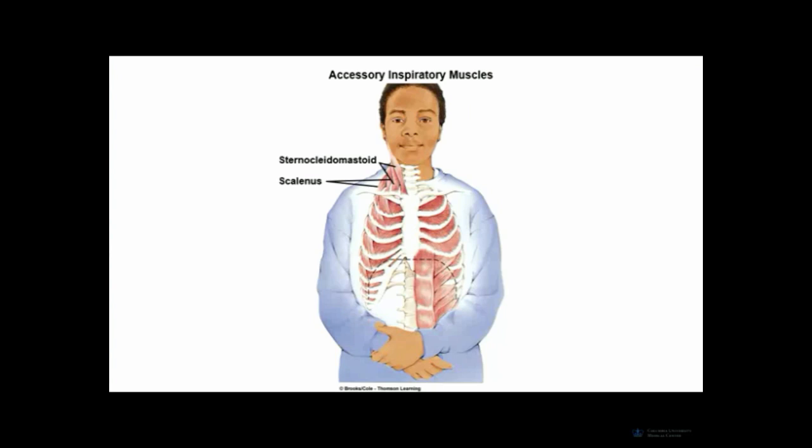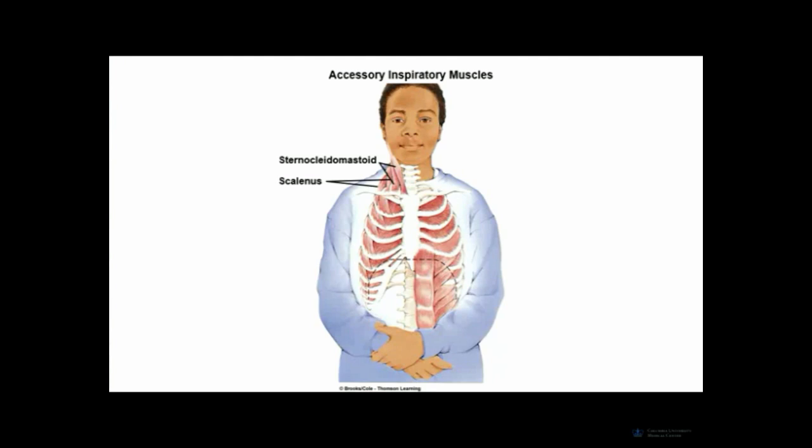Now those muscles contribute to inhalation by lifting the clavicle bones, by lifting the sternum. And when somebody's using their accessory muscles for breathing, it's really obvious to see, right? So the skin gets sort of sucked in the middle of the neck and the sides of just above the clavicle.